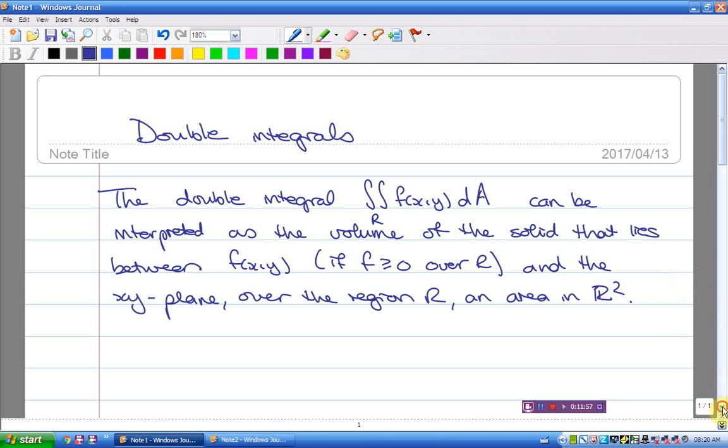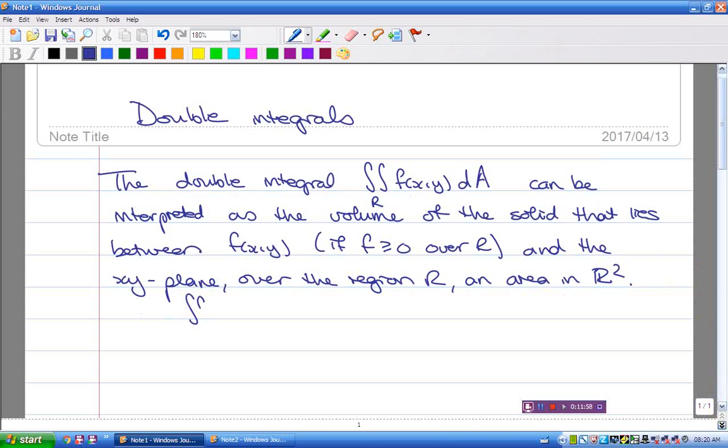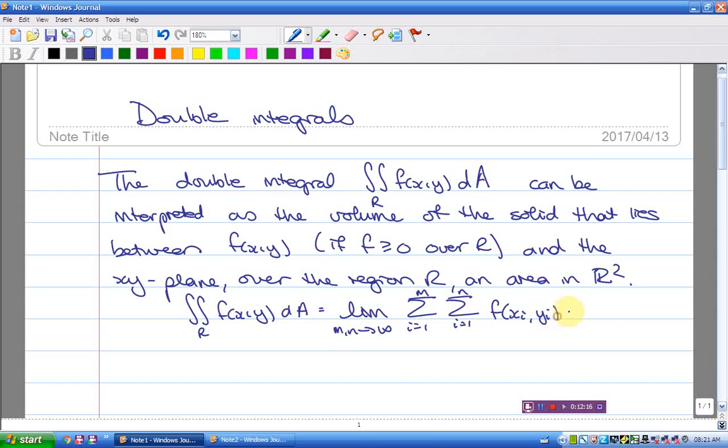And we define our double integral of f of xy dA to be the limit as m and n tend to infinity of this: the double sum, i going from 1 to m, j going from 1 to n, of f of xi, yj, delta A. Let me do some pictures to show you what I mean by all of that.